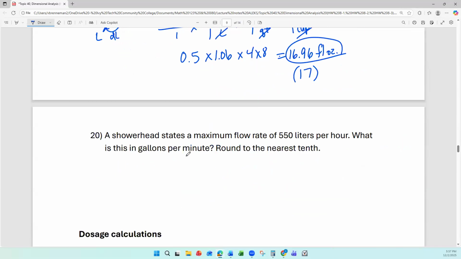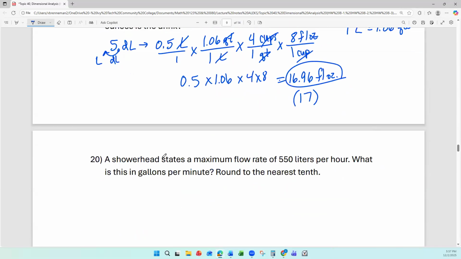And number 20, a showerhead states a maximum flow rate of 550 liters per hour. What is this in gallons per minute? So I'm starting with the 550 liters per hour. I'll do the 1 liter to 1.06 quarts. So now I have quarts per hour. I want gallons, so 4 quarts to 1 gallon.